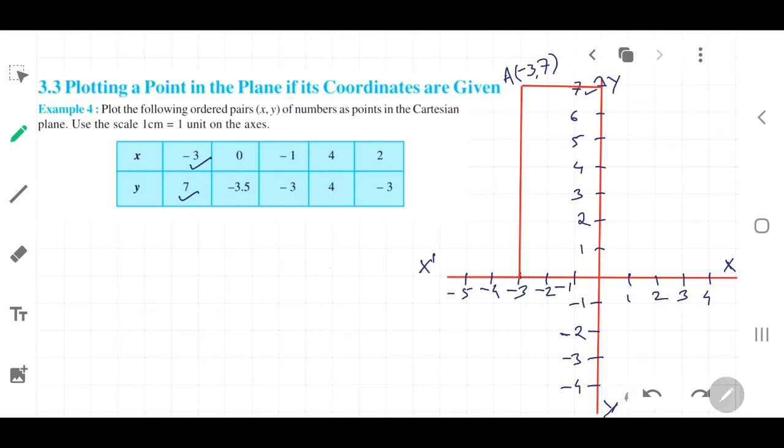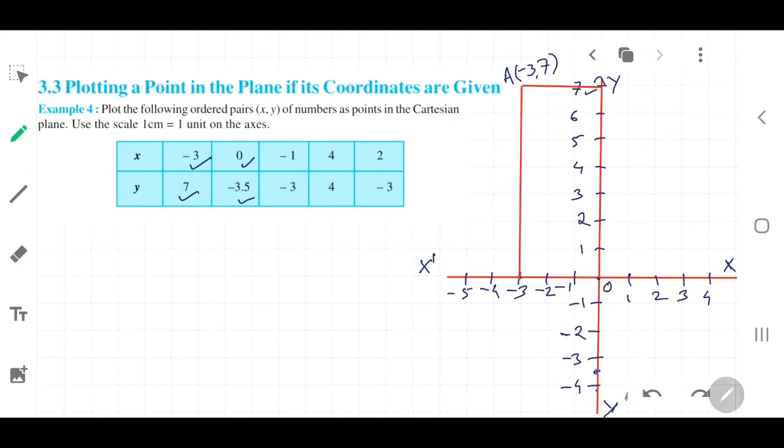Next one, you see x is given 0 and y is given -3.5. Since x is 0, 0 will be here itself. Okay, 0, and y is what? -3.5. So you check here, -1 is there, -2, -3 and -4. 3.5 means what? It will come in between this -3 and -4.